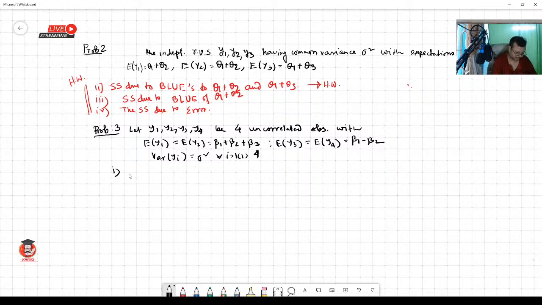Show that beta 1 plus beta 2 plus beta 3 is estimable.